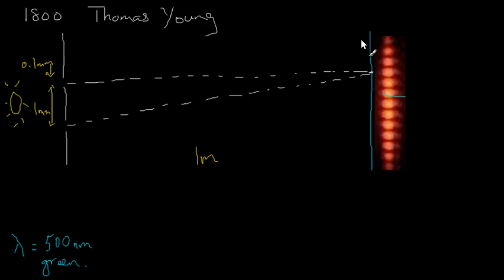Let me call this direction the x direction. So that's my x-axis, and that's where x is 0. Now suppose that I want to plot the brightness or intensity along this axis. So I could try and draw a graph like that.